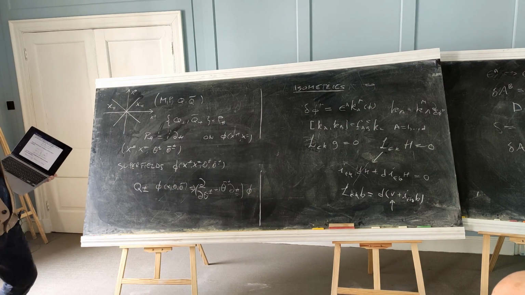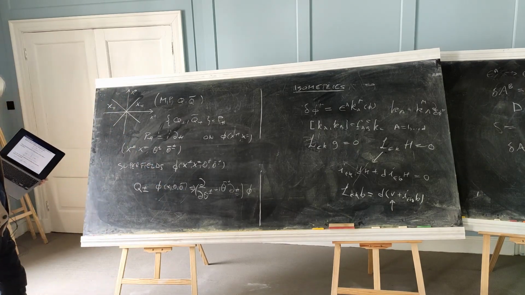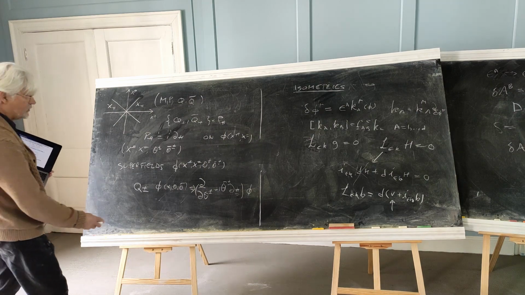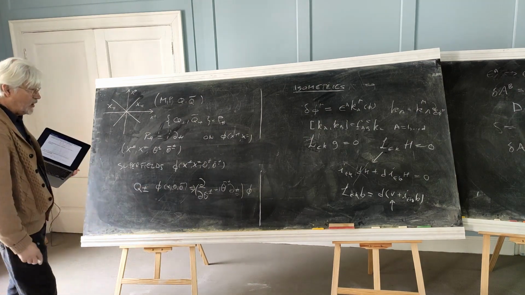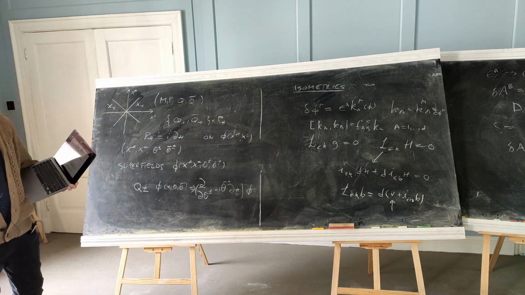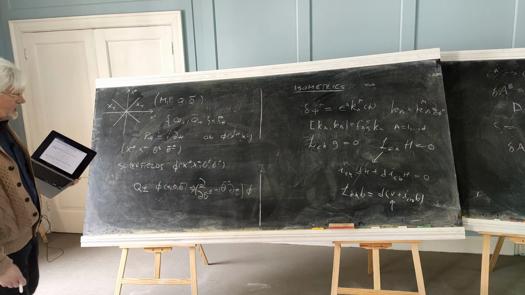So we'll see later on how these can be used to get a measure on superspace. And there are, of course, two different options when you define these. They can act from the left or from the right. These are acting from the left.